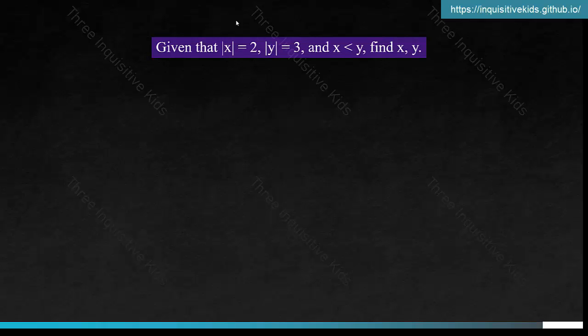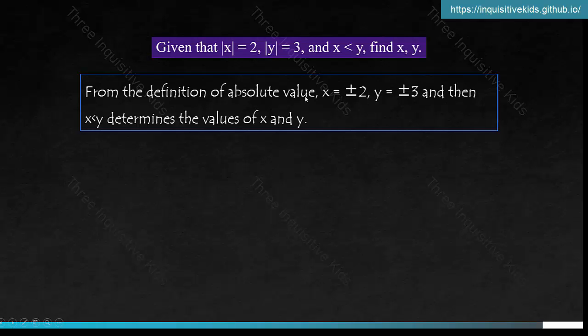Given that the absolute value of x is equal to 2 and the absolute value of y is equal to 3, and x is smaller than y, find x and y. From the definition of absolute value, x will have to equal positive or -2, and y will have to equal positive or -3. This is because if x is -2, its absolute value will be 2.